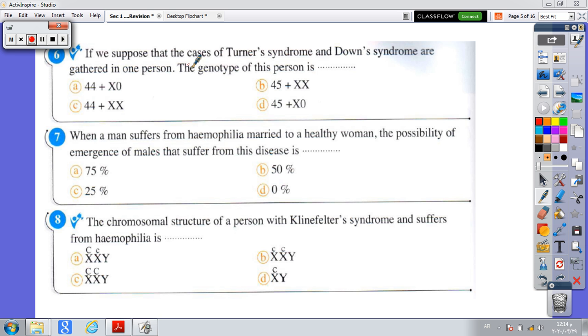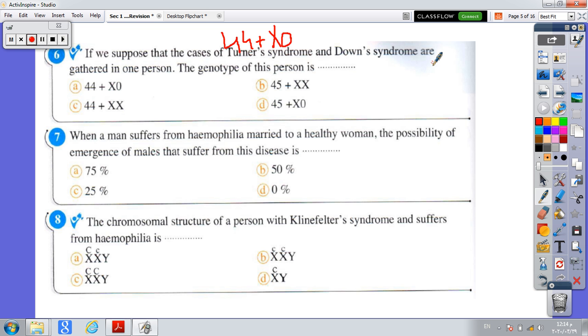if we suppose that the cases of Turner syndrome and Down syndrome are gathered in one person, what is the genotype of this person? We know that Turner syndrome is 44 plus X0, as the disturbance takes place in sex chromosomes.